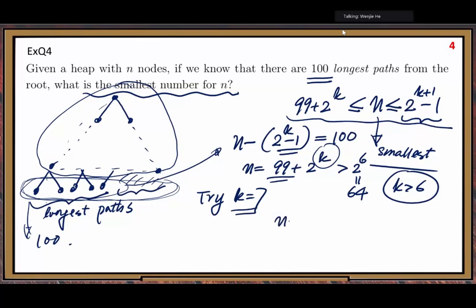So n equals 99 plus 2 to the 7th. 2 to the 7th is 128, right?